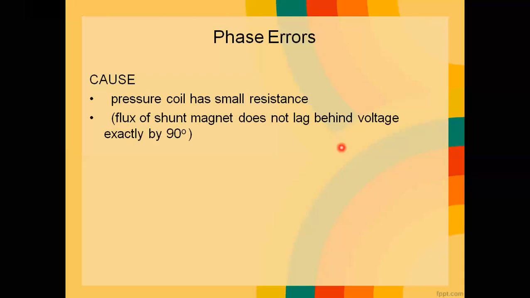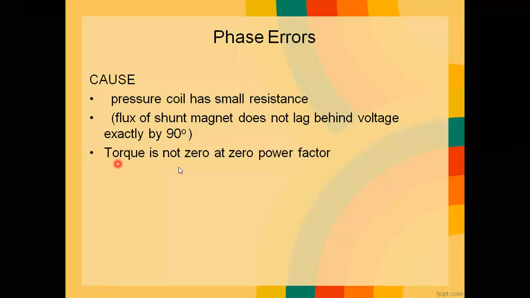The flux of the shunt magnet does not lag behind the voltage exactly by 90 degrees. So the torque is not zero at zero power factor.